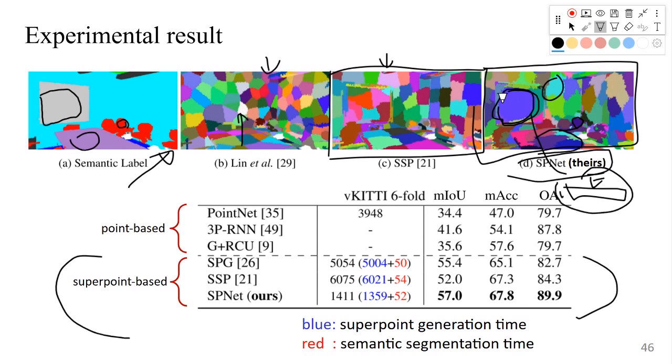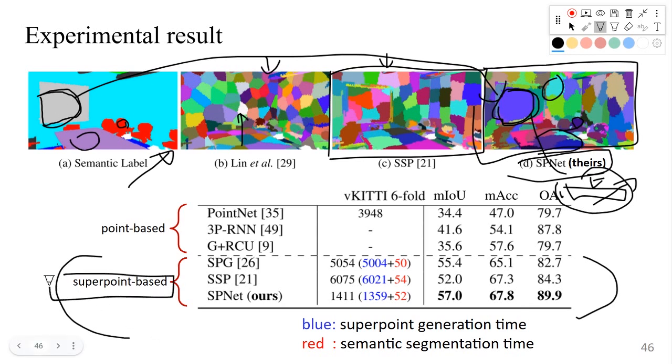And we can, for example, vote the corresponding label, like this will be the screen projector label. So this will be fit into this semantic, the screen projector. That's how we can do semantic segmentation in the superpoint based method.